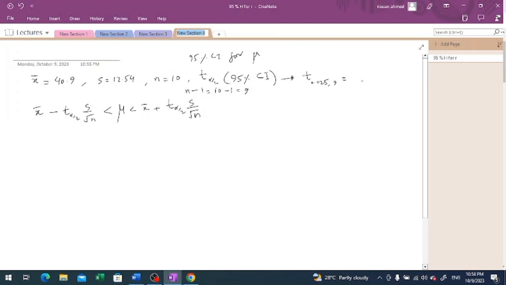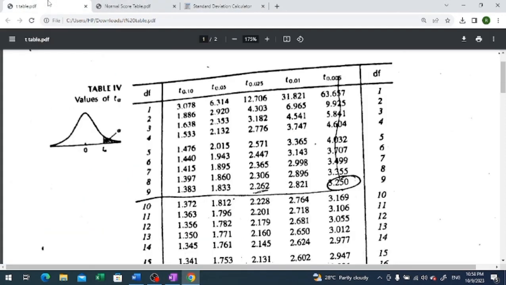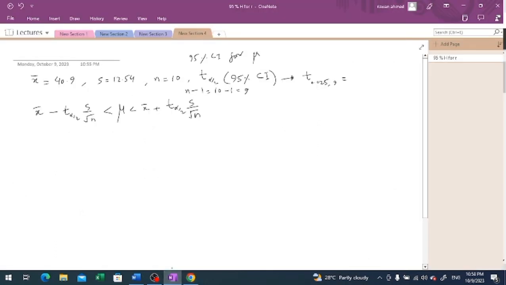So we go to the T table, and in the T table we go to the ninth row and go to 95% CI column, which is the middlemost. So at the intersection of 9 degrees of freedom and T.025, we get 2.262 as the T value. So that's the value, 2.262.